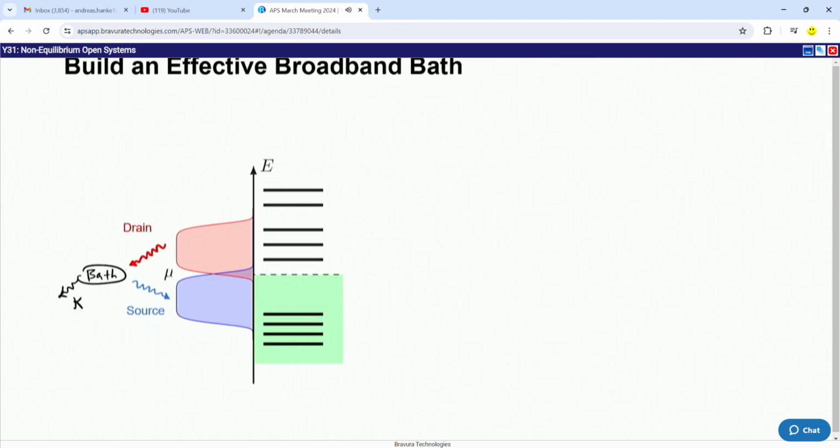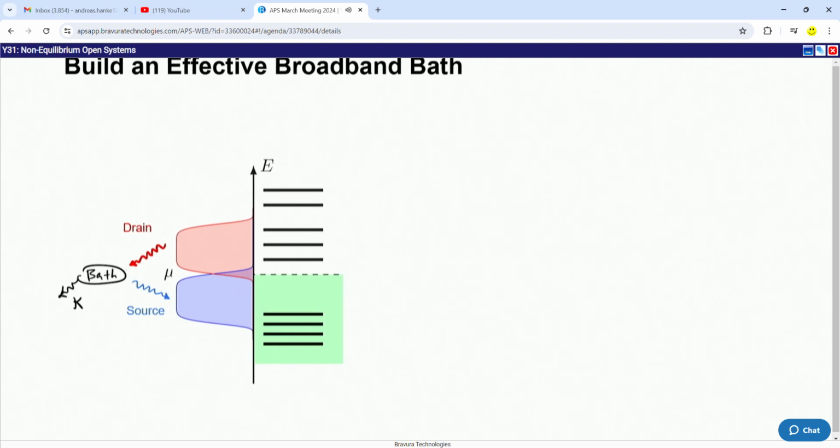Beyond the preparation of many-body eigenstates, we can even engineer an effective chemical potential for a photon system. That is very hard. So with a combination of a broadband source bus and drain bus, we can stabilize a many-body quantum state with a specific energy and particle number.